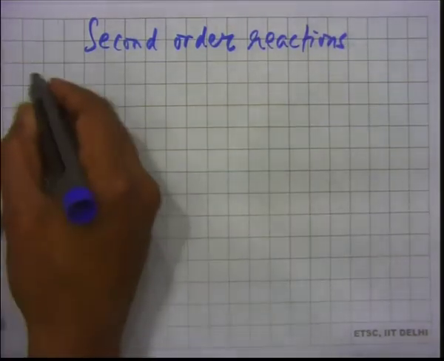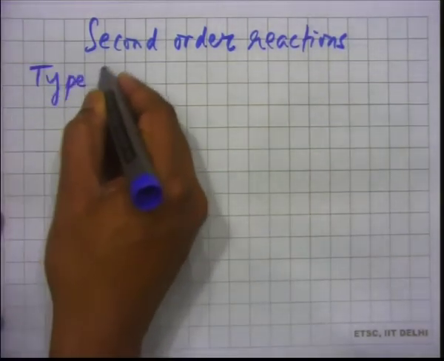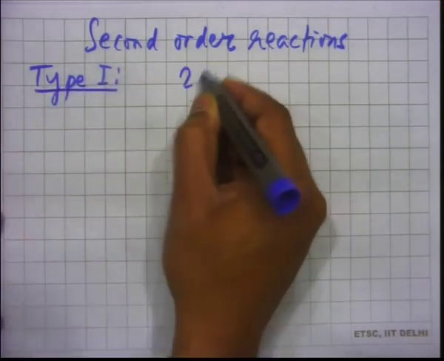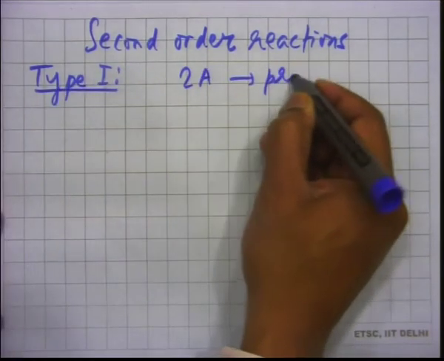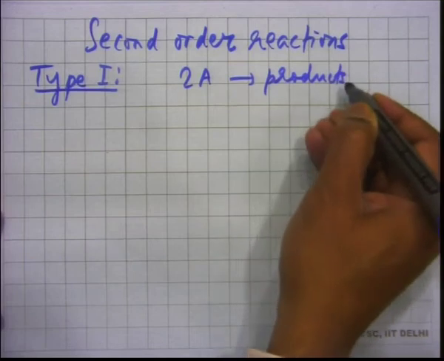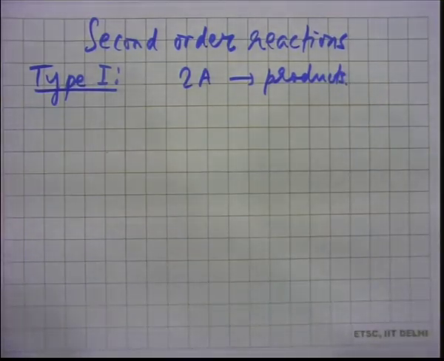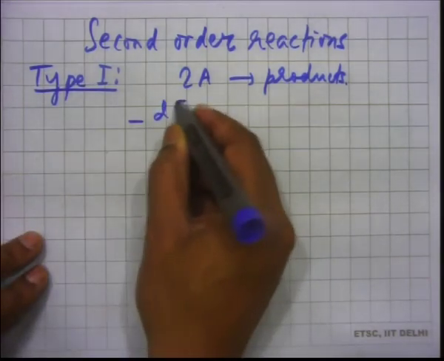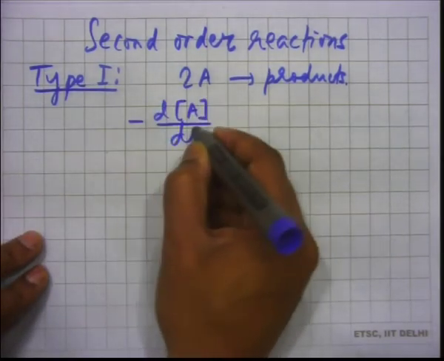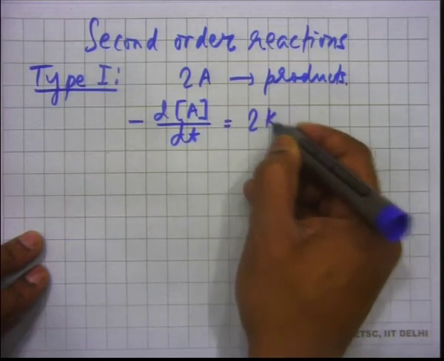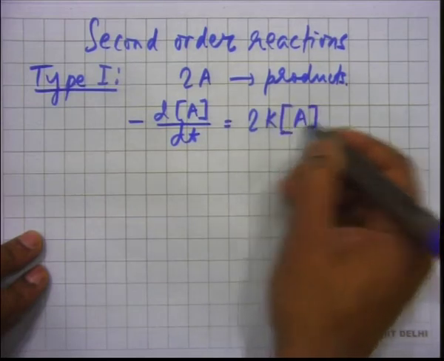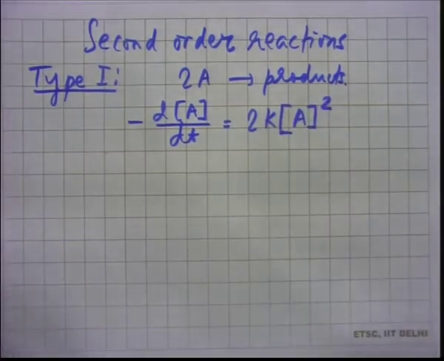So there is a type 1 of second order reaction. 2A giving you products. So minus dA/dt is 2K concentration of A to the power 2, correct?